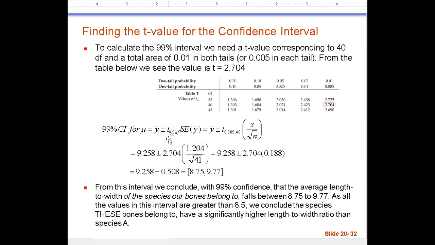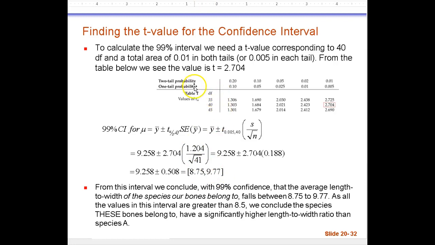We have to take our sample mean, which is our 9.258, plus or minus some t-value. That t-value has to correspond to a level of confidence. We want to be 99% confident. We want an interval that has a lower endpoint and an upper endpoint, which means it's a two-tailed probability.